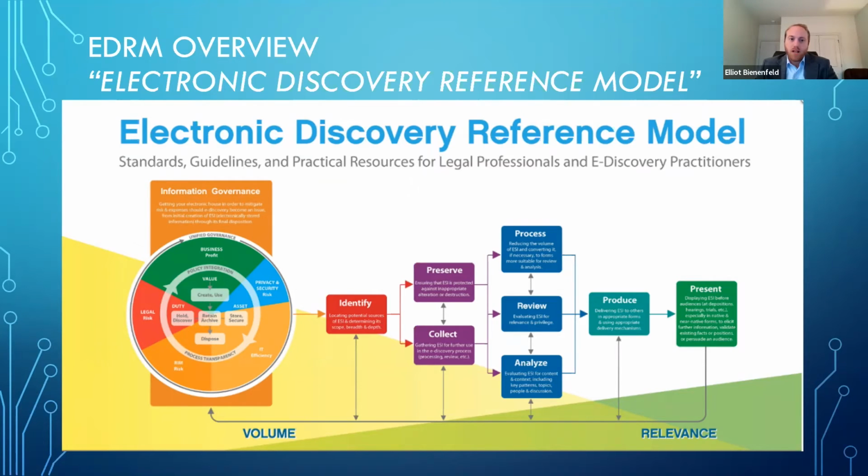Yep. So that's the volume and relevance axis on the bottom. Information governance is not really germane to our discussion here. That's more for in-house general counsel, making sure your business records are kept properly according to state and federal law. We won't get into that.